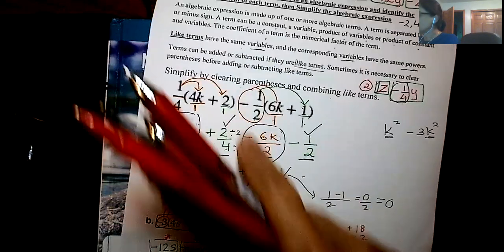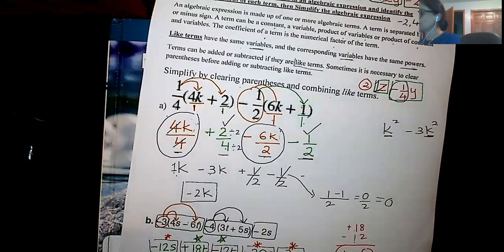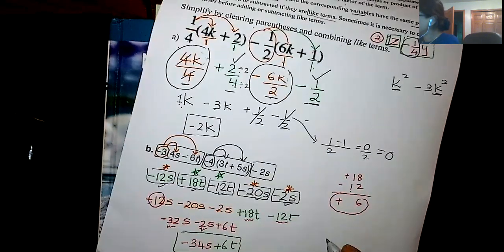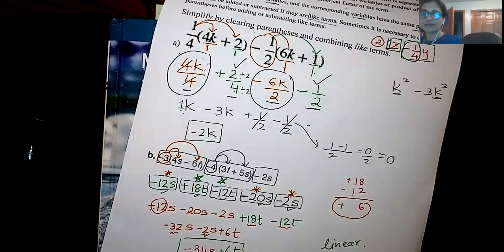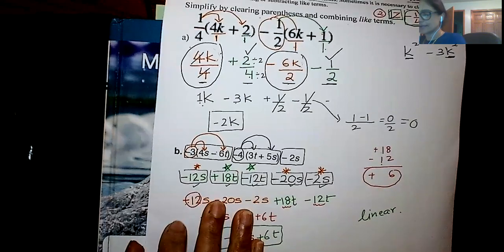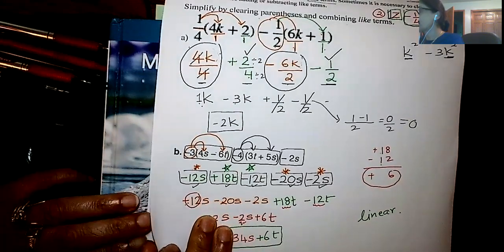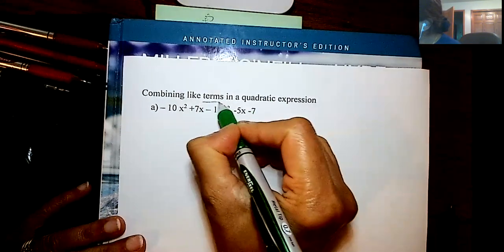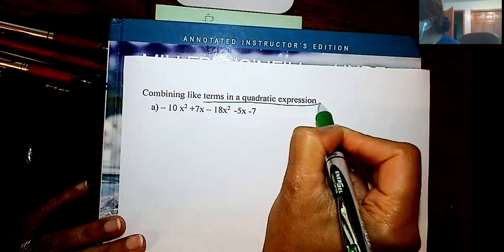Now, each of these, the variables were to the 1 power, okay? So when it is to the 1 power, they are known as linear algebraic expressions. Now, what we will look at is combining like terms in a quadratic expression.